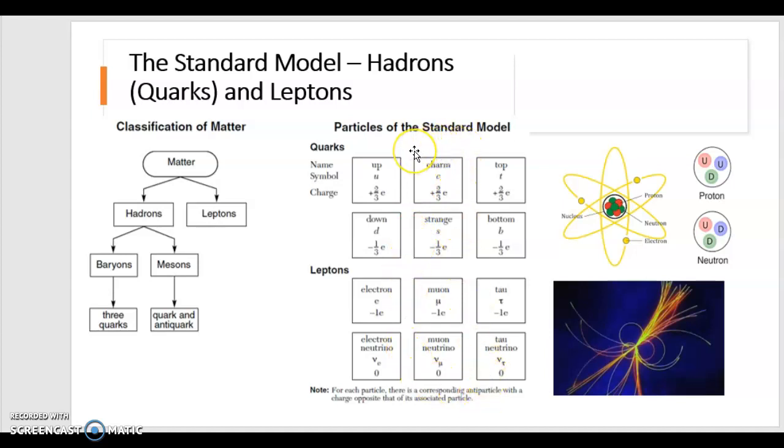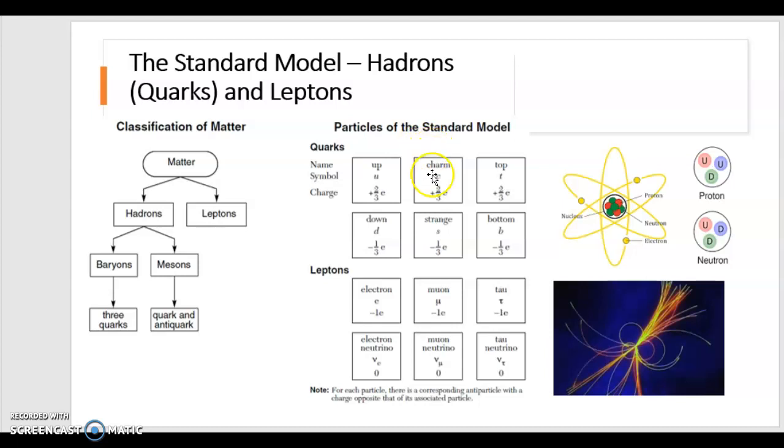So for very, very small fractions of a second, these second generation and third generation particles, we will see them in a super collider, but we don't really see them and experience them on a day-to-day basis. So these particles are part of the standard model, but they come into existence and then they disappear from existence pretty quickly.